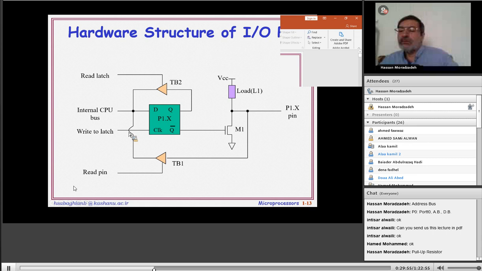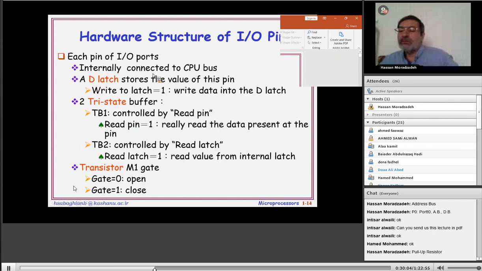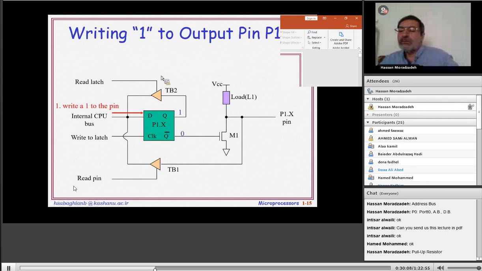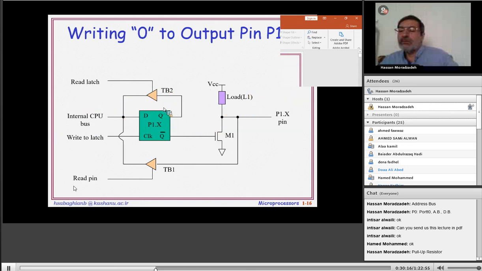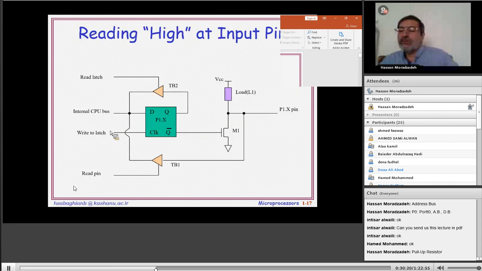These pull-up resistors are inside of the port, inside of the microcontroller, okay? For these microcontrollers, these are inside of this microcontroller. And by software you can use these resistors, okay, or disconnect them.